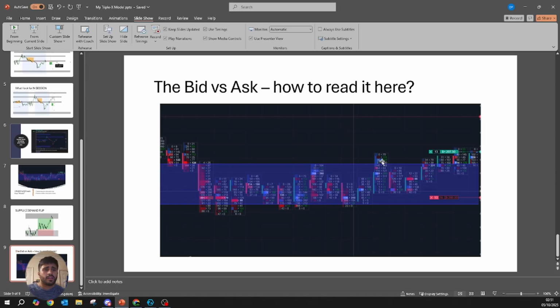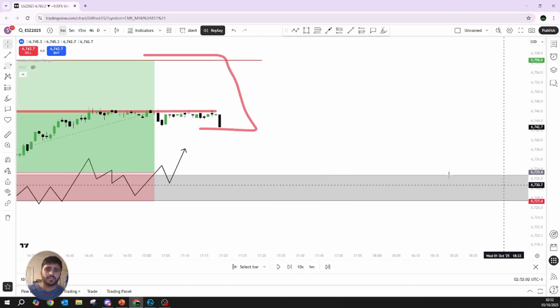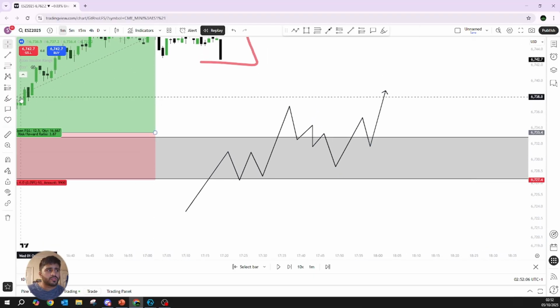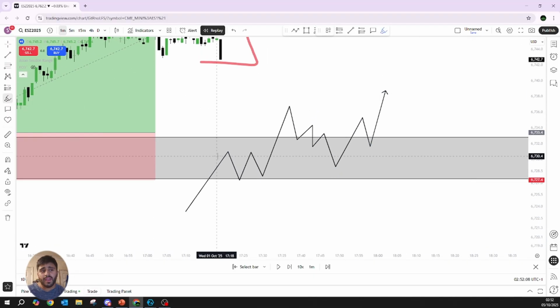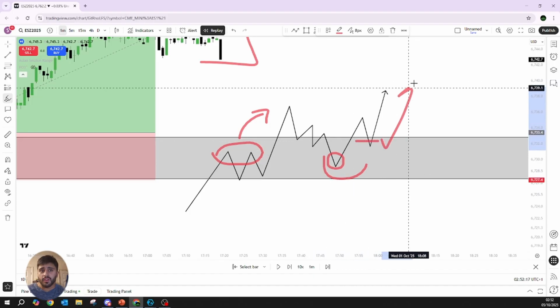Okay, so that's a quick rundown on the bid and the ask, but you don't want to overcomplicate this and think there are too many numbers to look at, right? This is how simple the entry model is. So if I bring this diagram over, what's going on here, quite interestingly, is that we held a supply, we broke supply here, and we come into this level and we hold as demand to drive price higher.